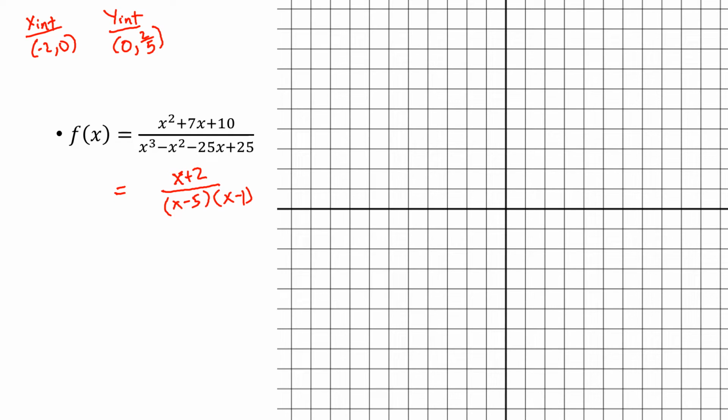Now let's work on finding our vertical and horizontal asymptote. For our vertical asymptote, we would look at the denominator and see what's going to make the denominator equal to 0. At x equals positive 5 or x equals positive 1, our denominator would equal 0. So that's where we would have our vertical asymptotes.